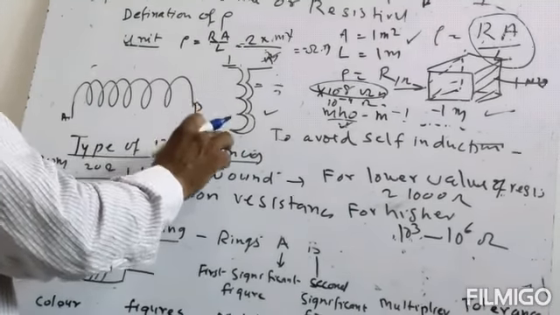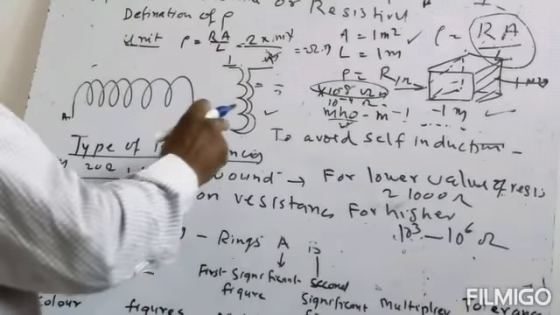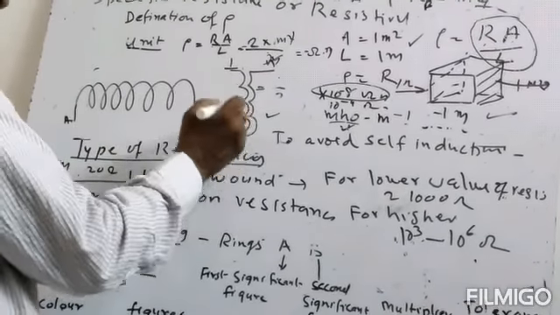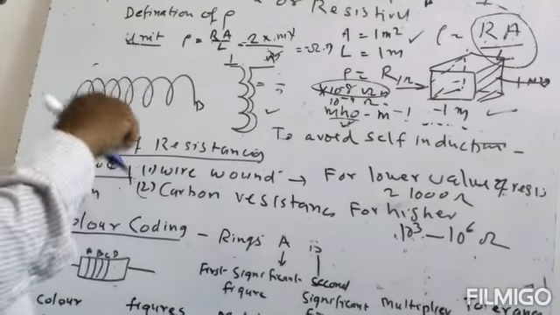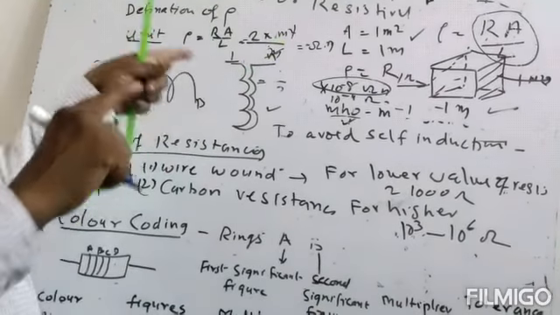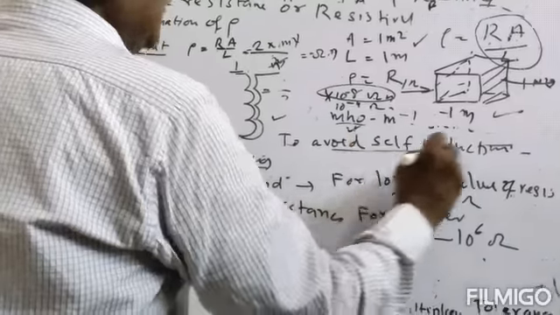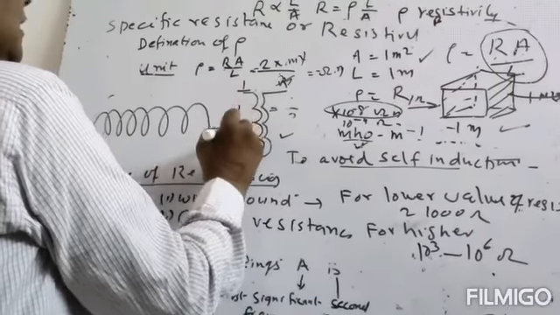So we will use a doubly folded wire, and the length of this is still 20, but it is doubly bound so that the effect of self-inductance will be nullified.